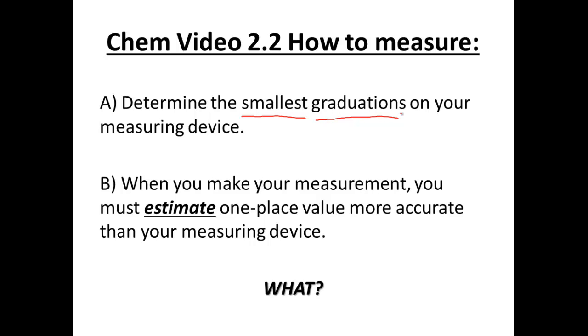Now, if you're looking at a meter stick, measuring the length of something, one of the things on there is a bunch of small markings. What we're talking about with the graduations is how much distance is between each of the two markings.